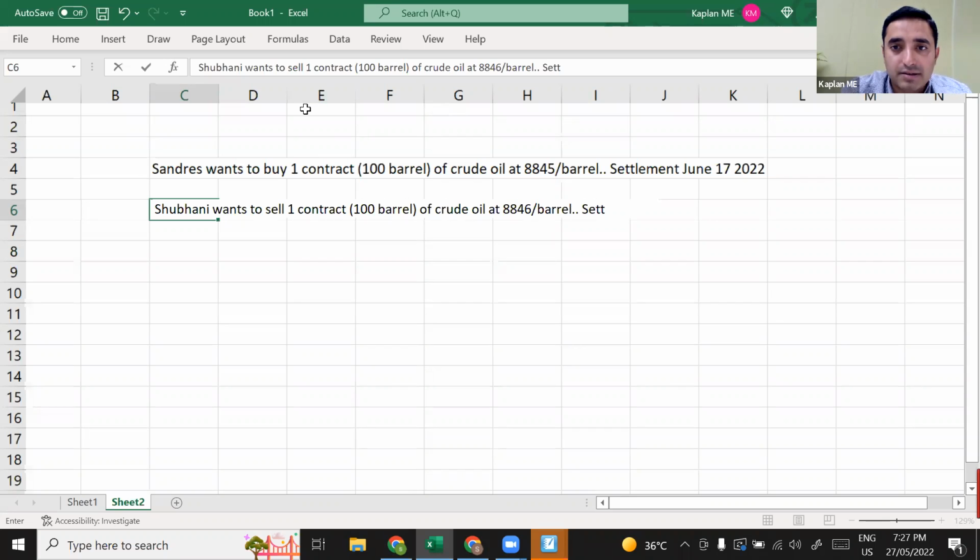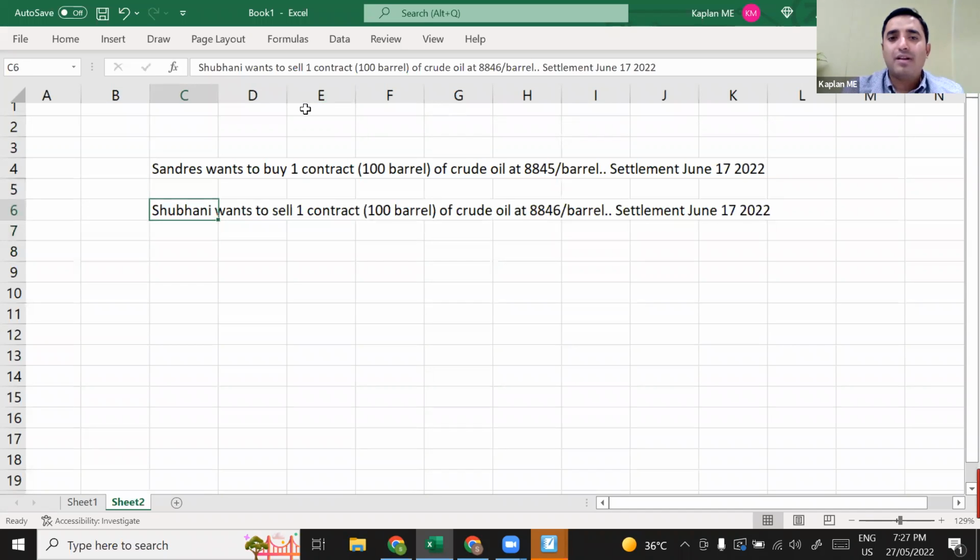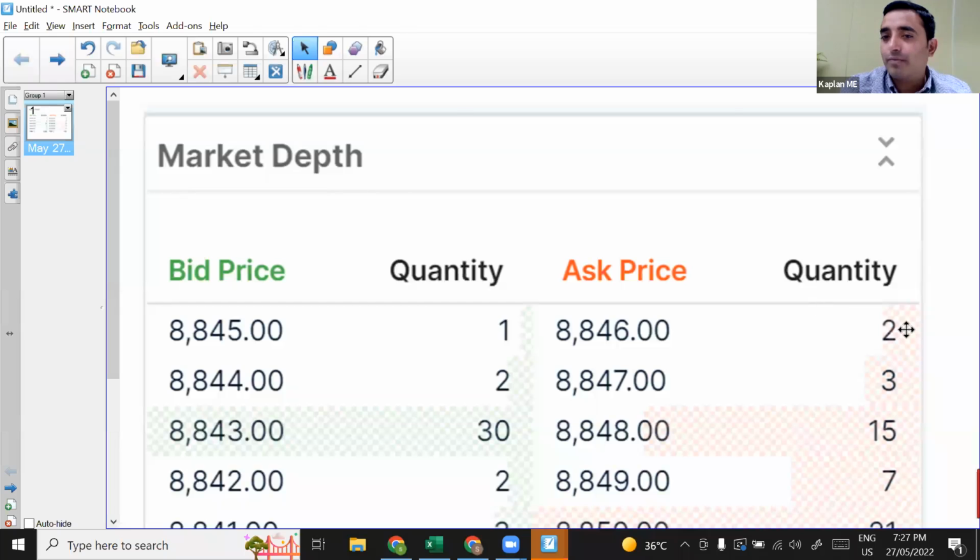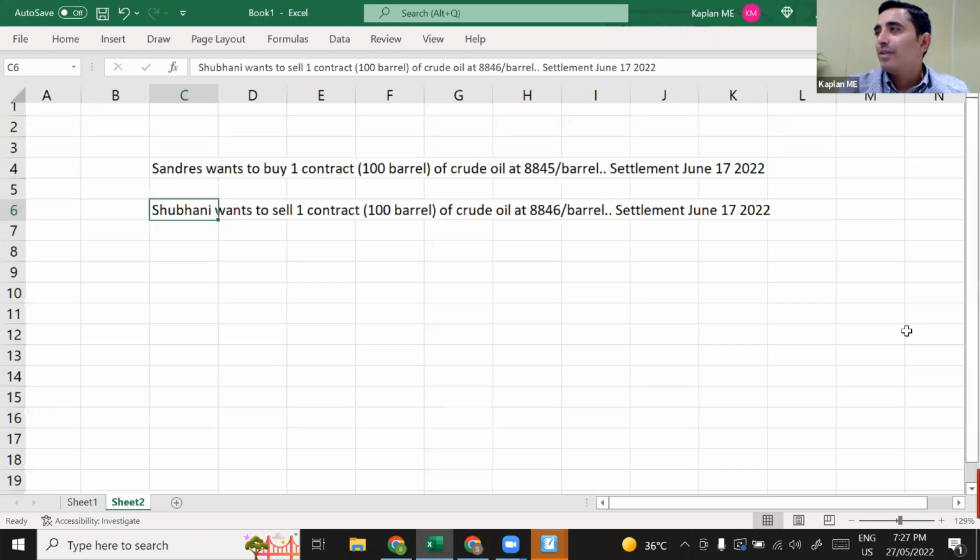Again, settlement is June 17th, 2022. Although here you see two, which means Shubhani wants to sell two, let's say one contract for simplicity.